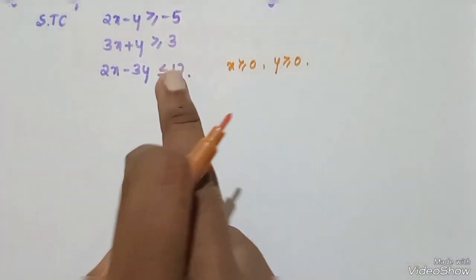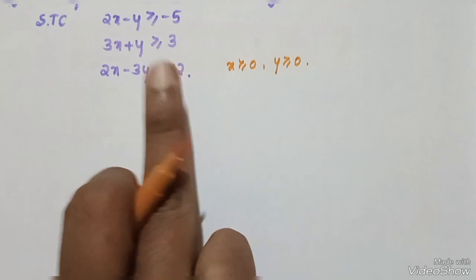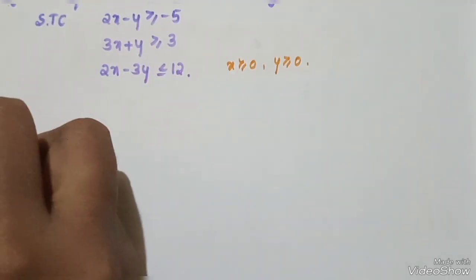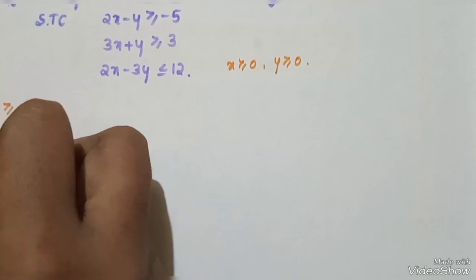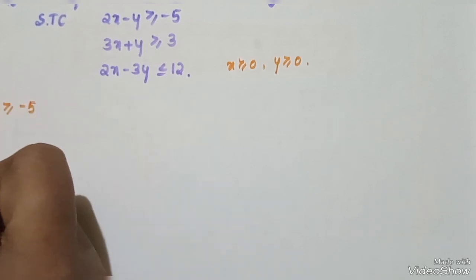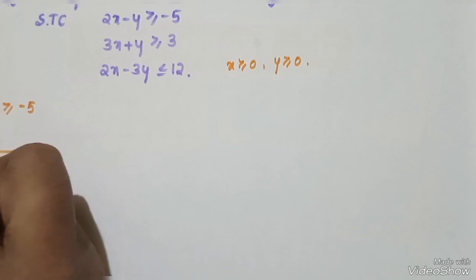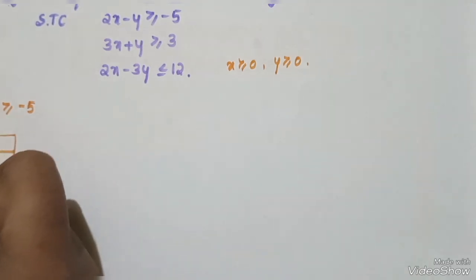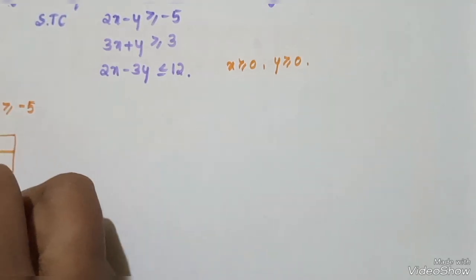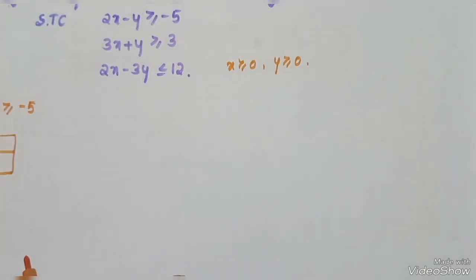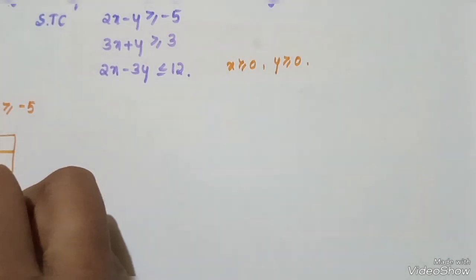We have to draw the graph for the three equations. First, I am considering 2x minus y is greater than or equal to minus 5. Taking x and y, put x is equal to 0, then minus y is greater than or equal to minus 5, so y is equal to 5.